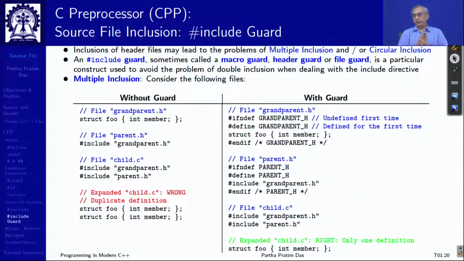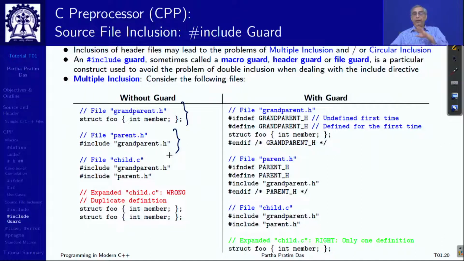This is an interesting hack that you must know, which is called macro guard or header guard or file guard, include guard, like that. The issue is, suppose you have multiple header files, like one is grandparent.h, which has defined a structure foo.